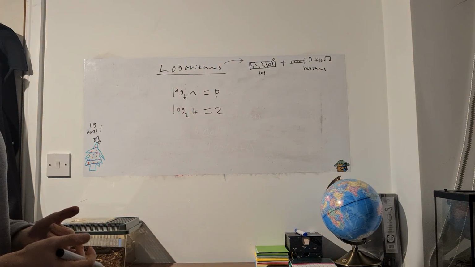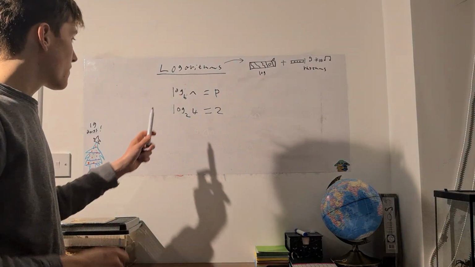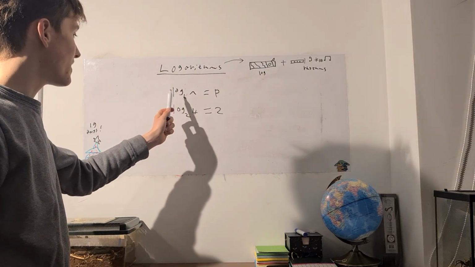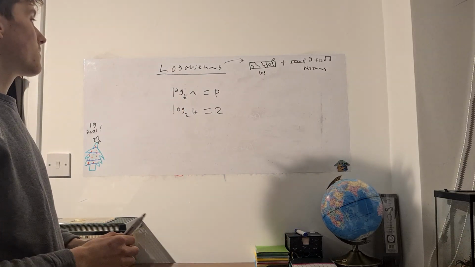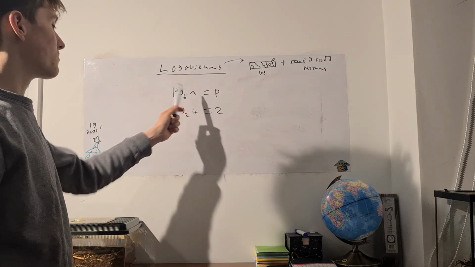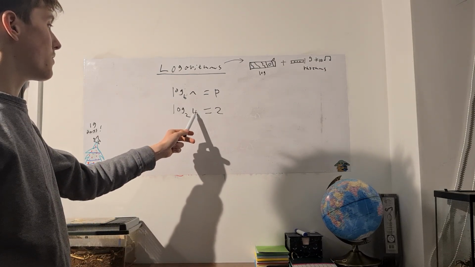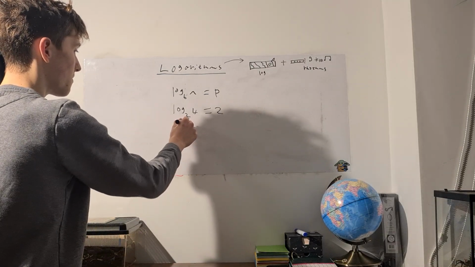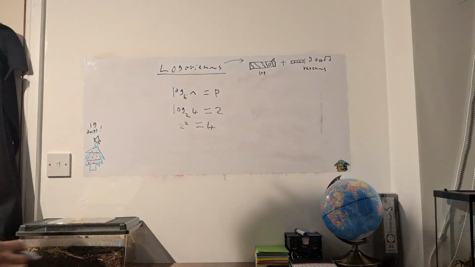But basically, what you're trying to ask is, to what power do you have to raise the base to get to the number? So, what power of the base equals the number? So as you can see here, the power is 2, the base is 2, the number is 4. And what you get from this is 2 to the power of 2, so 2 squared, is equal to 4.